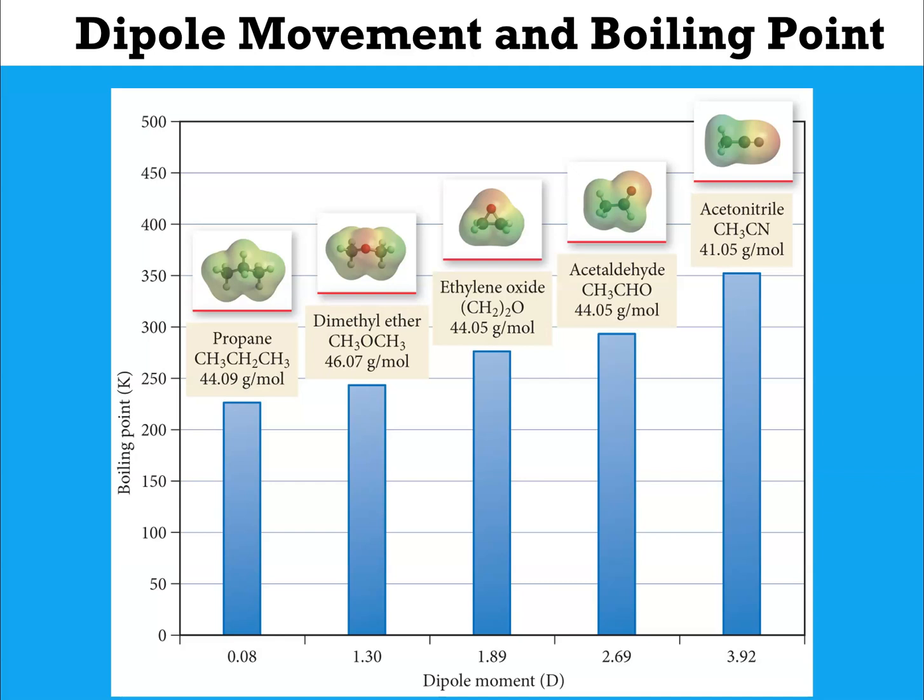They all have very close molar masses, but you can see the boiling point is going up as the polarity increases. More polar, larger dipole moment, stronger attraction. Therefore, boiling points and then melting points also will increase. Questions on dipole-dipole attractions? Alrighty then.